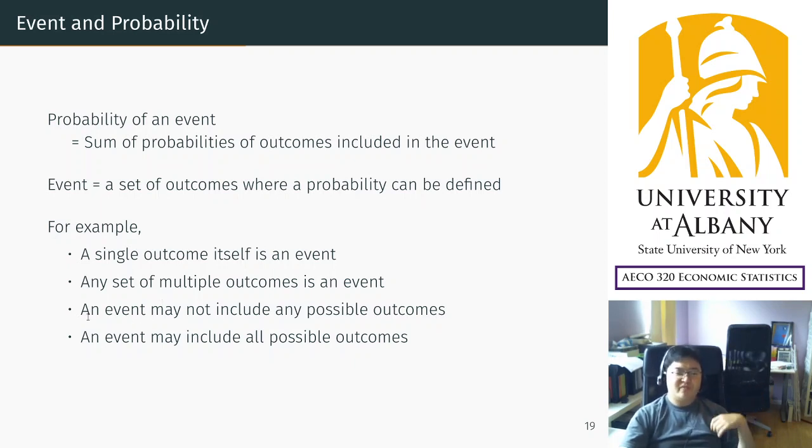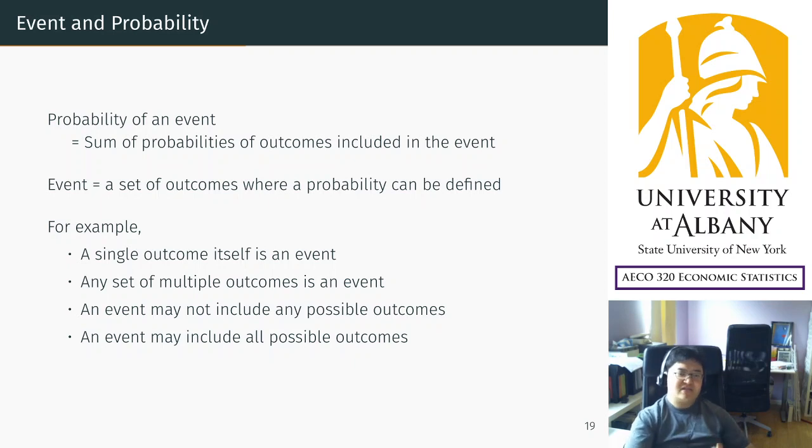When you roll a dice, what is the probability of getting a 7? Its probability is 0. But it's okay. Probability is defined. It is just not possible, so the probability is 0. So an event may include impossible outcomes, or there may be no possible outcomes. On the other hand, an event may include all possible outcomes.